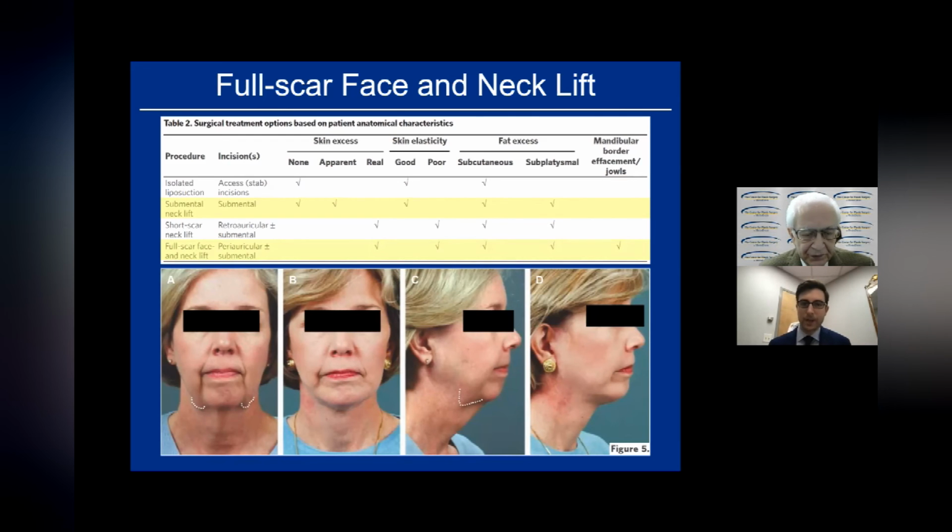She was a best candidate for a combined face and neck lift. But as I mentioned, the presence of mandibular border effacement as well as the jowling would make an isolated neck procedure in our judgment less ideal.